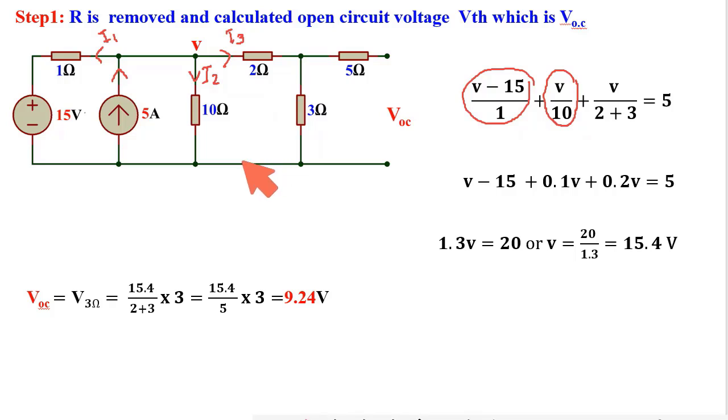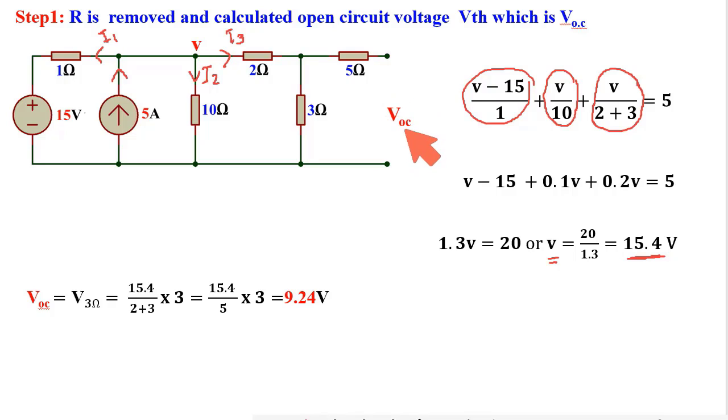I3 is flowing through this path, so I3 is V divided by 2 plus 3. So I1 plus I2 plus I3 is equal to 5 ampere. Simplifying this, I got the value of V equal to 15.4 volt. This is the potential at this point.